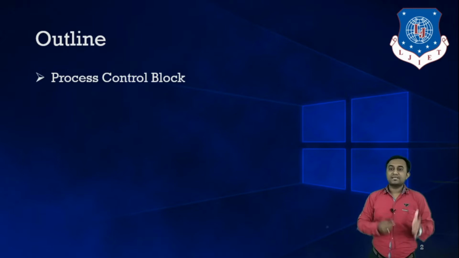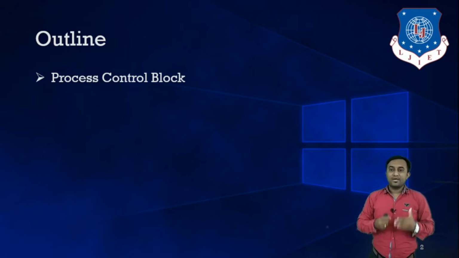In the last lecture, we have seen the difference between program and process. Program is nothing but a set of instructions which resides in secondary memory. And process is nothing but a program in execution. Now, what is the task of operating system?